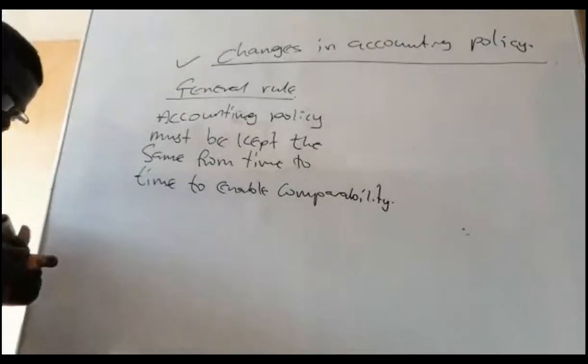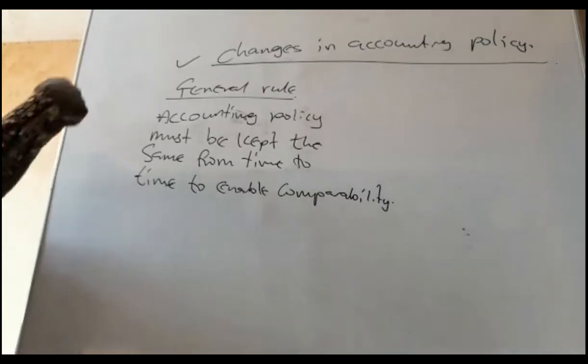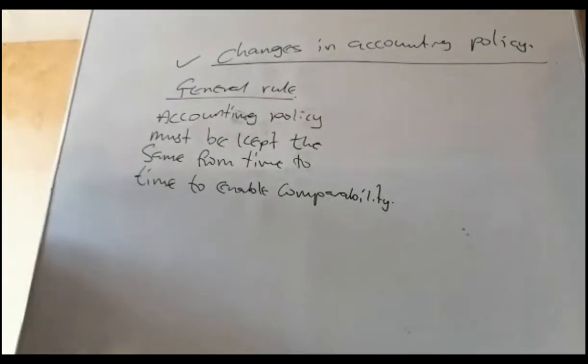Now, when we were doing the conceptual framework, we stated that one of the qualitative characteristics was comparability. And we said that to enable comparability, there must be what? Consistency in the accounting policy. So that's the general rule. This accounting policy must be kept the same.